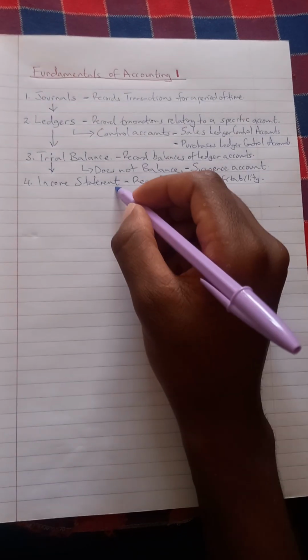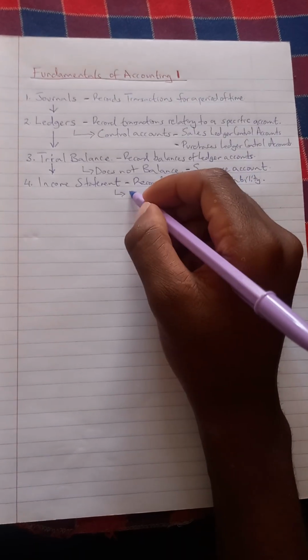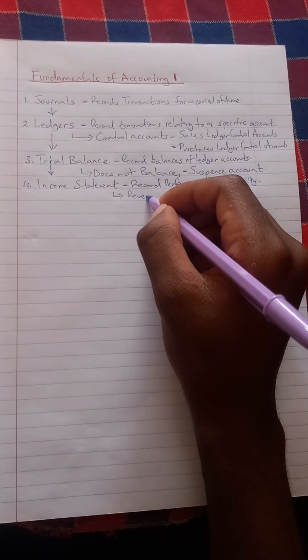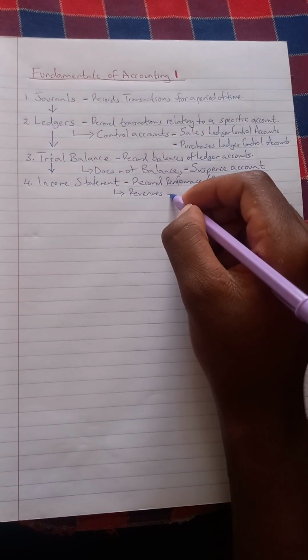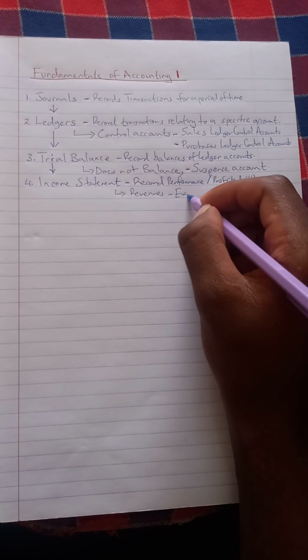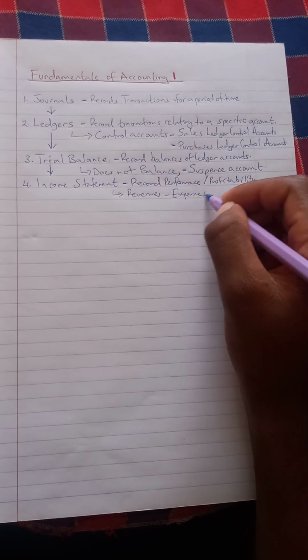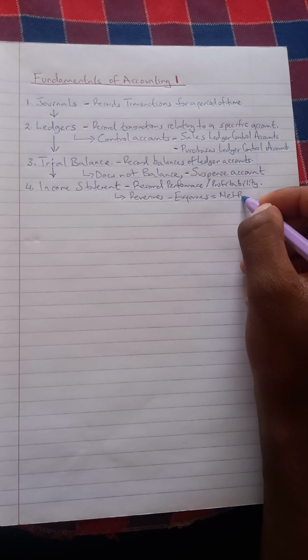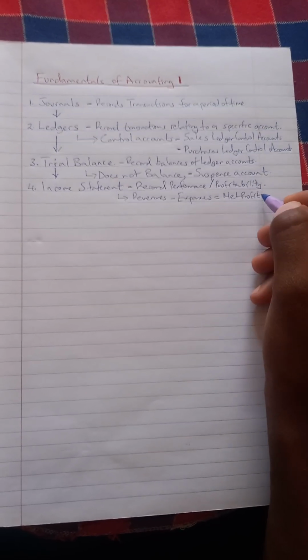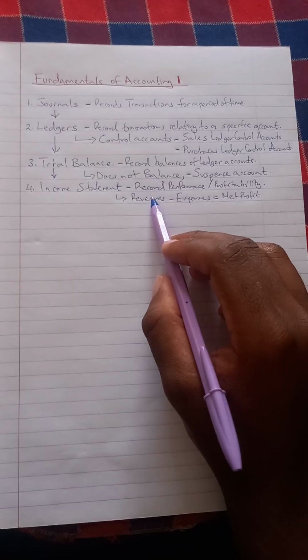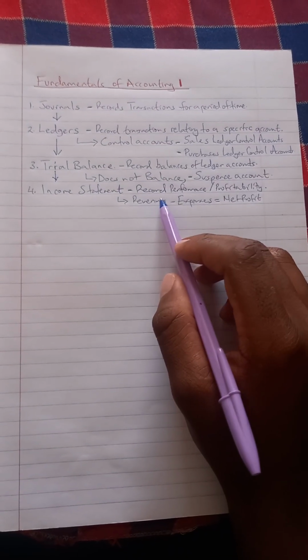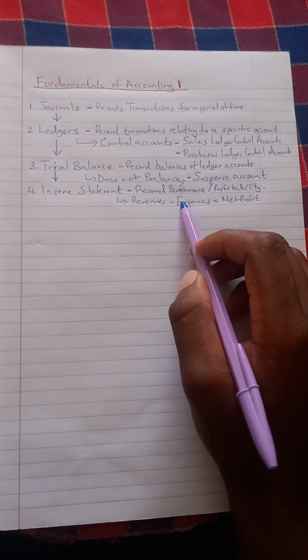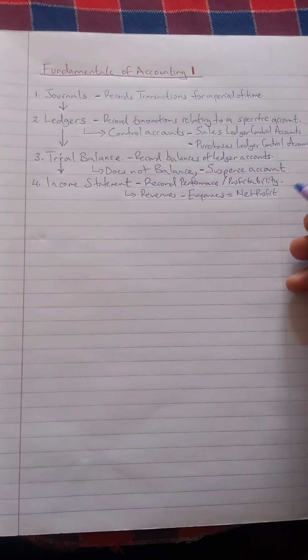So in an income statement, generally you will record your revenues, and then you will subtract the expenses for you to get something we call net profit. And we also know that when revenues are less as compared to expenses, if there's a net profit, then we also have a net loss.